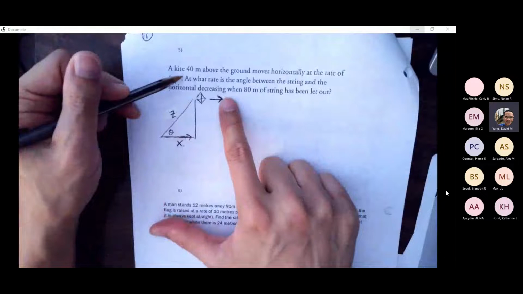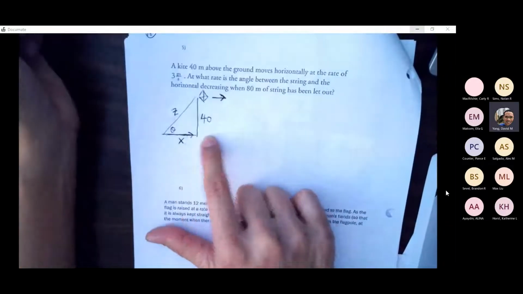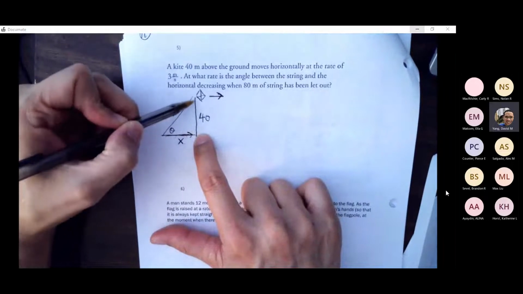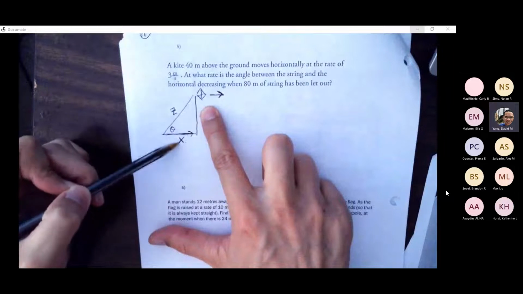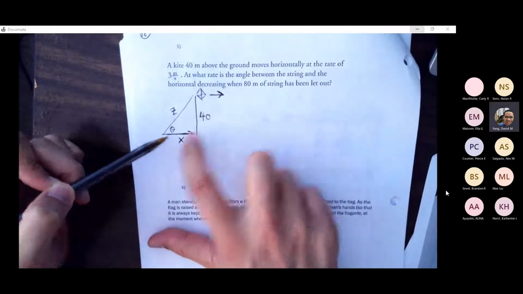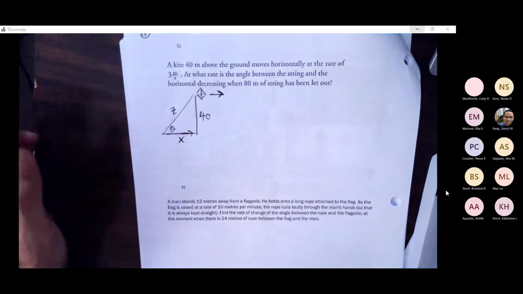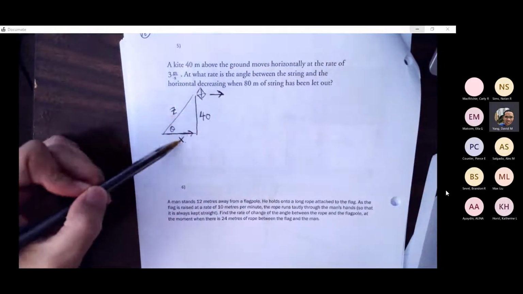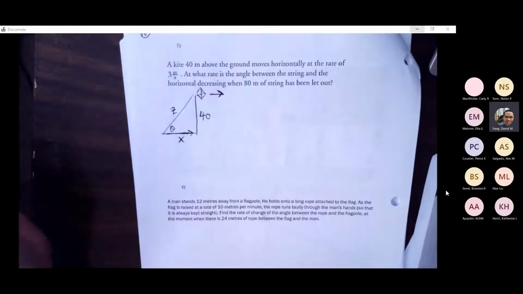But the nice thing is that the kite is 40 meters above the ground, so that is held constant. Having that as a constant allows us to avoid quotient rule, because we just rely on either sine or tangent to help us get there.